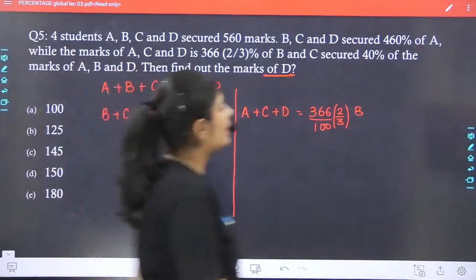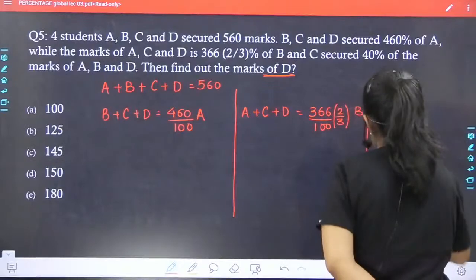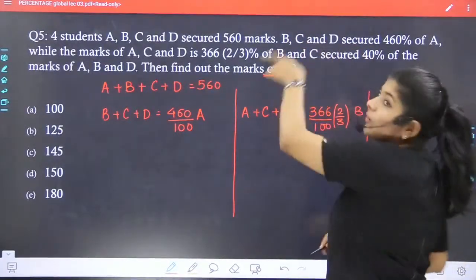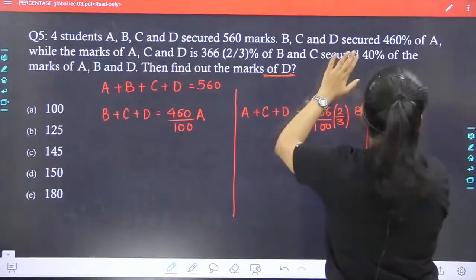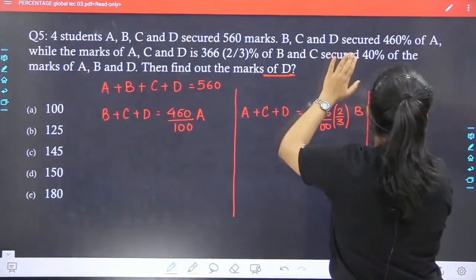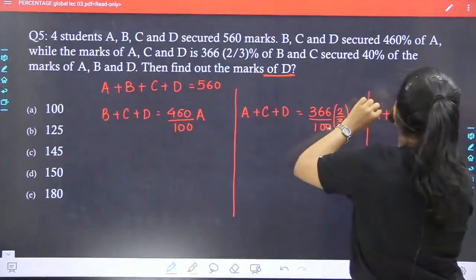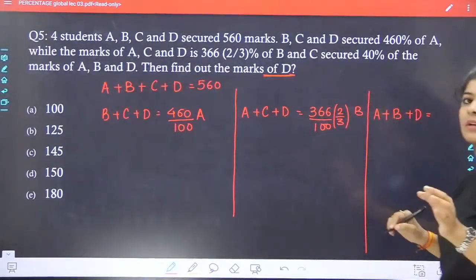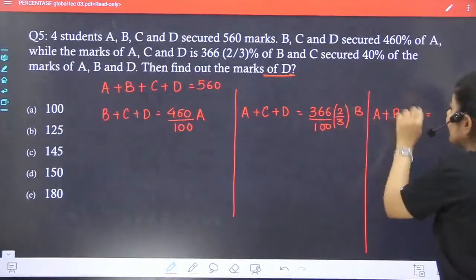So we can write the third equation as, now read this line carefully, C secured 40%. I can write it like A plus B plus D, that is equal to what? C secured 40% of them.